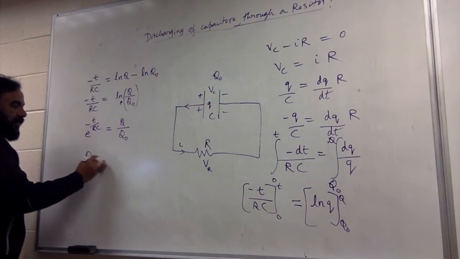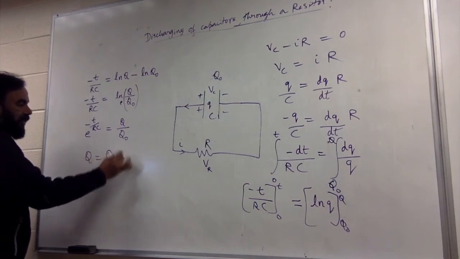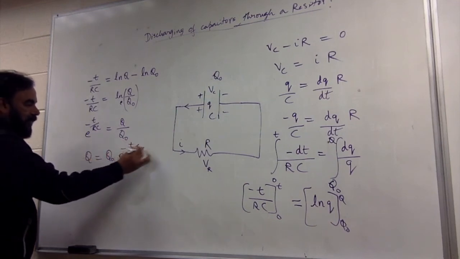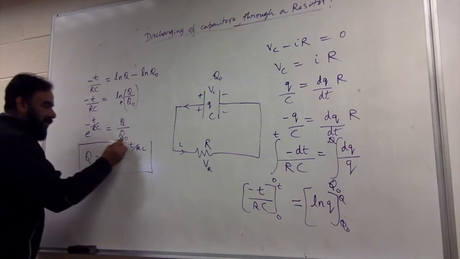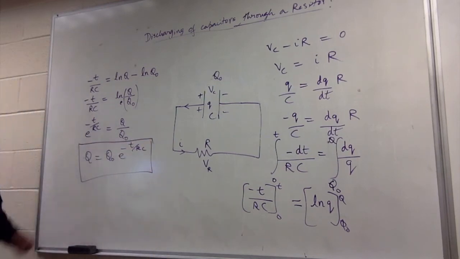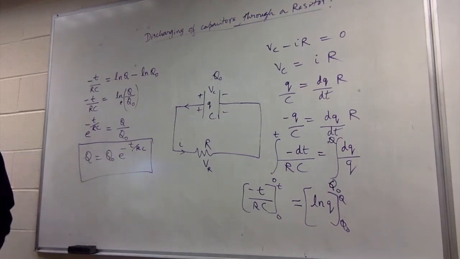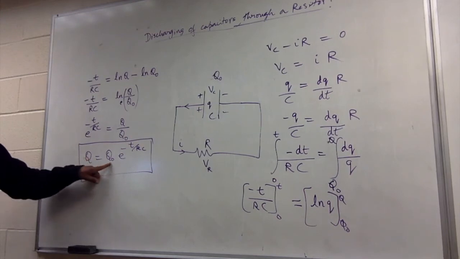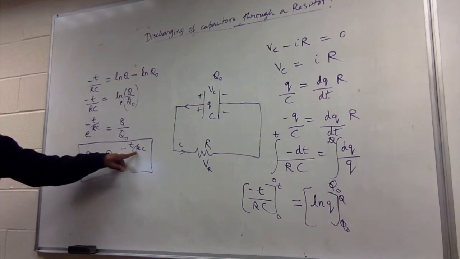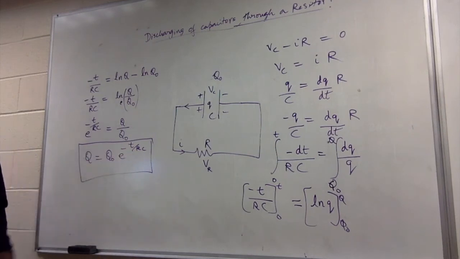Therefore, q is equal to q naught times e to the power minus t over RC. This is the charge that is going to be left after this much time elapses. This is the original charge, and this is the charge that is going to be left after some time passes.